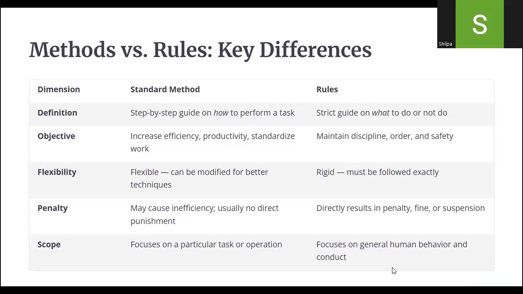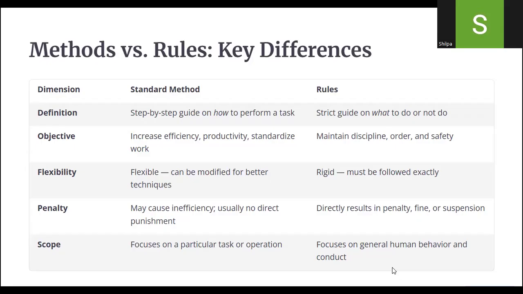What about penalty here? Whenever we talk about standard method, it may cause inefficiency, usually no direct punishment. So let's say you were supposed to upload the assignment in your Google Classroom. The teacher has already given you the steps how to upload. But by mistake, instead of putting your roll number as a file name, you forgot to put your roll number, and you wrote your name and saved it that way.